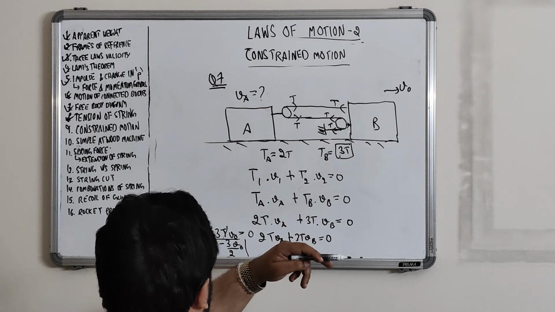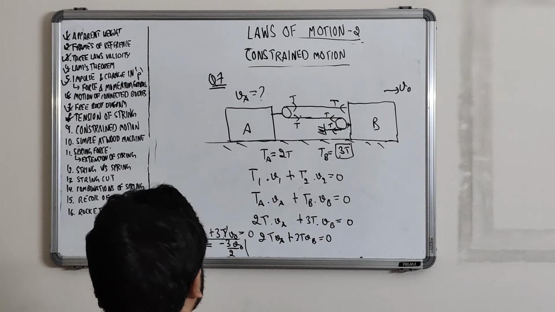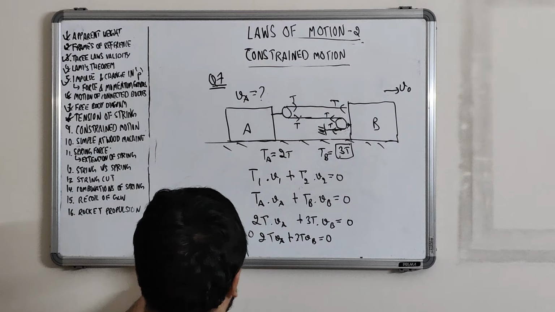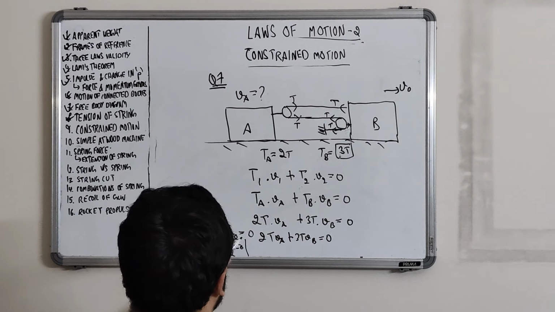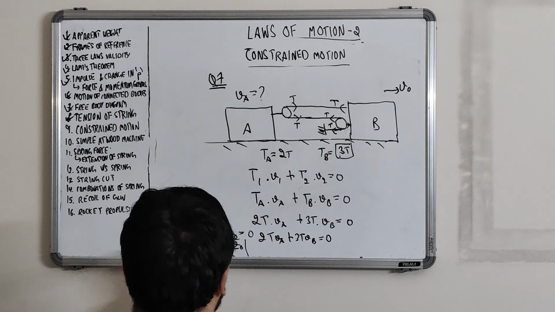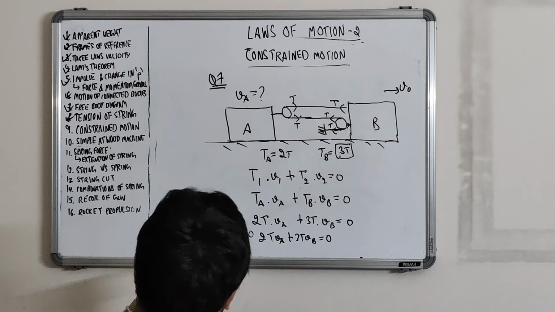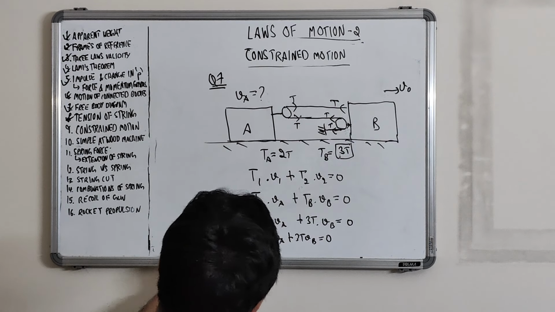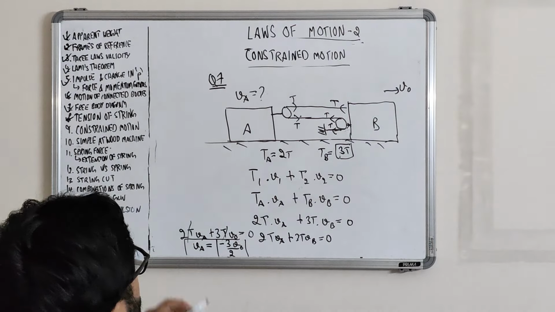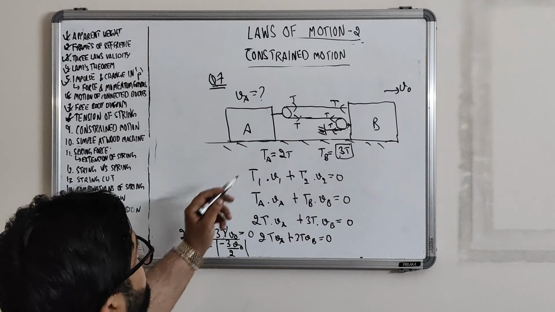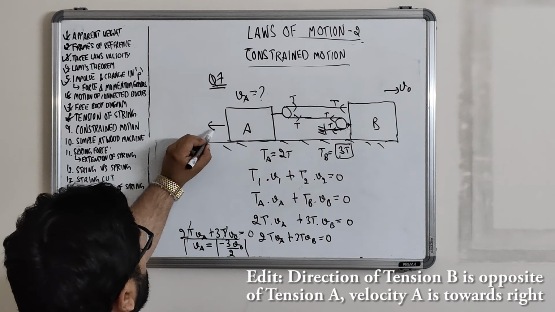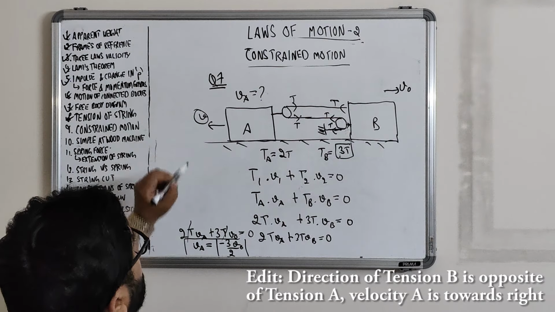minus 3V naught by 2. V naught is towards the right? Let me do it again. So 3V naught comes here and 2. T and T get cancelled. So VA is minus 3 V naught by 2. Therefore, as it's negative and V naught was positive, it experiences a velocity towards the left.